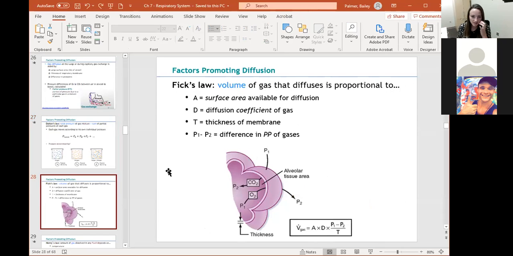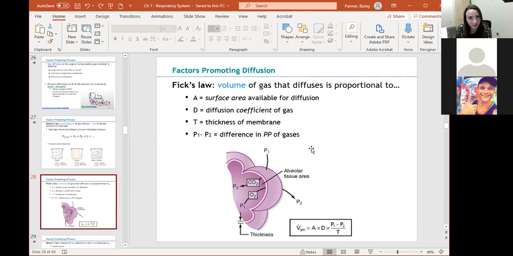Fick's law is a little bit harder to understand because we have more variables now, but it's still exactly what we've been talking about with the alveoli. The volume of gas that diffuses is proportional to what? We have these 4 factors right here, and this is kind of what you wrote about on your assignment.